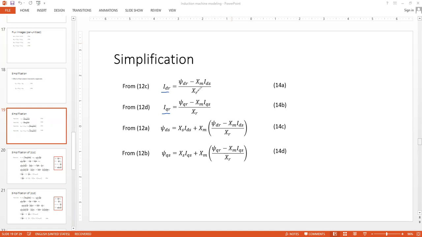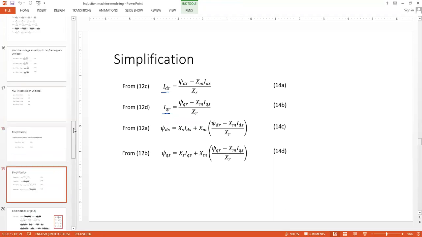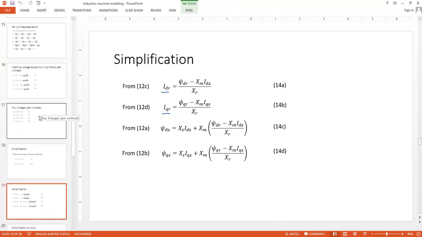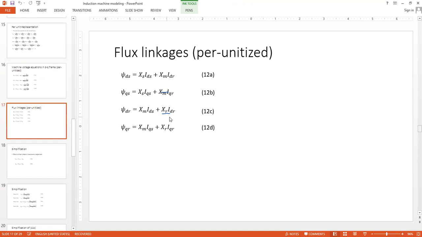In doing that, we can simply use the expressions for psi dr. So remember what was psi dr. Let's go to the flux linkage expressions. So this is psi dr.